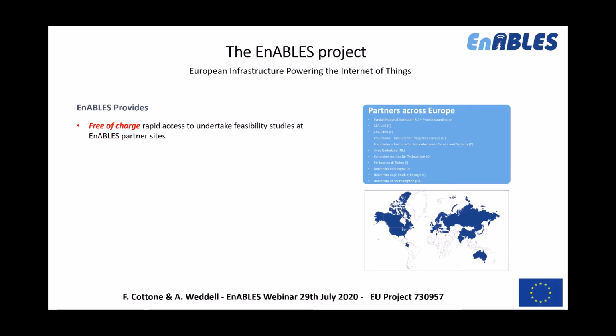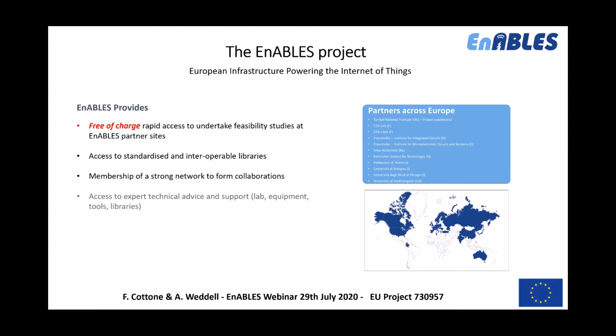We are 11 partners on this project, and the project provides free of charge access to every kind of feasibility studies and to the libraries, so also online resources, and to all the facilities like laboratories, equipment, tools, and so on.